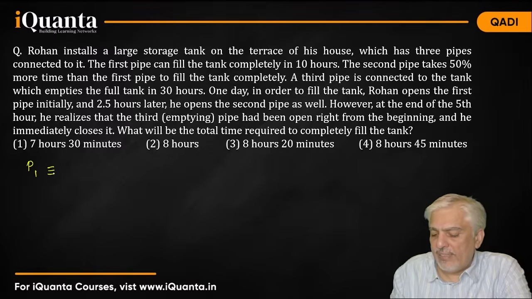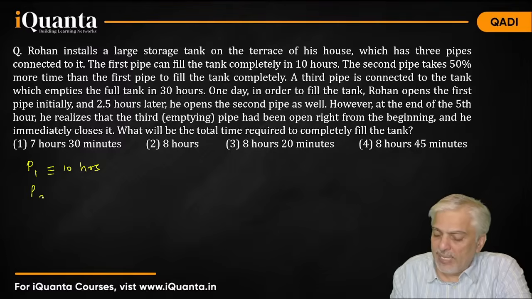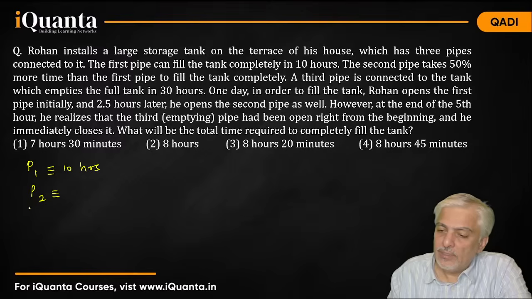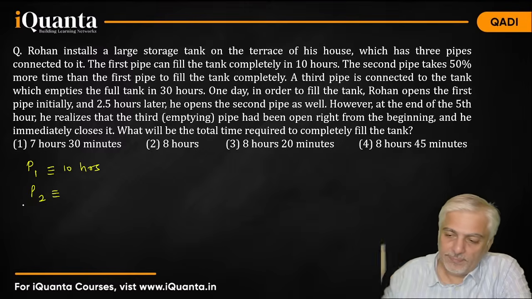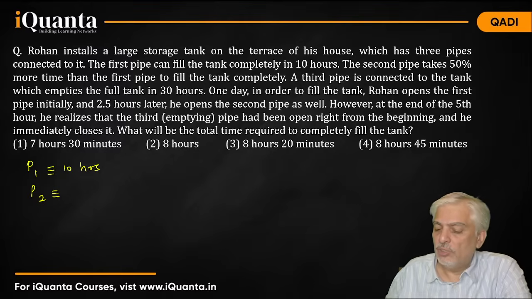P1 can fill in 10 hours. P2 can fill in 50% extra time. Option 1 is wrong. Ranjan, check. This is what happens when you rush too much. P2 can fill in 50% more time, so it will take 15 hours.